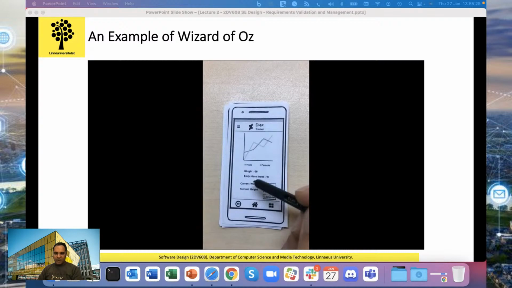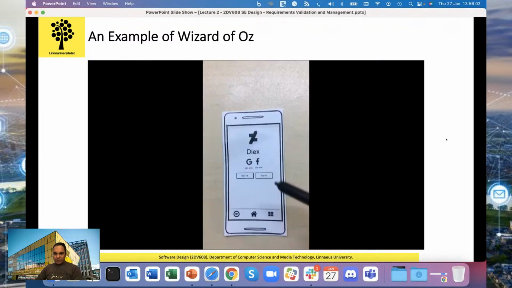So someone is playing the role of user here, but still based on the paper prototyping, and he is particularly showing what's the input and output for each of those interfaces or for each of those steps. So I think this is more useful than pen and paper only prototyping, but still it does not allow you to interact with the real system.